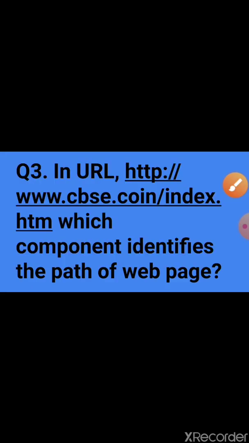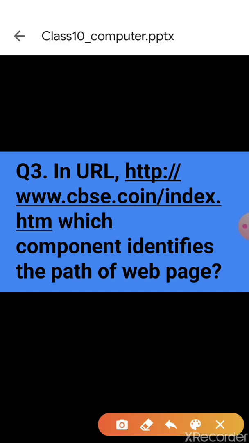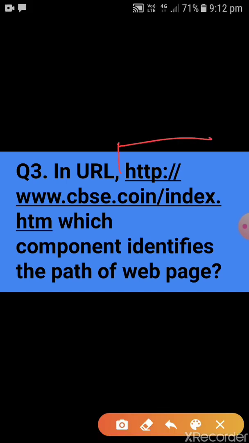Now, third question: in the URL http://www.cbsc.co.in/index.htm, which component identifies the path of the web page? The full URL is there, the protocol is there, the domain name is there, and the web page name is there.